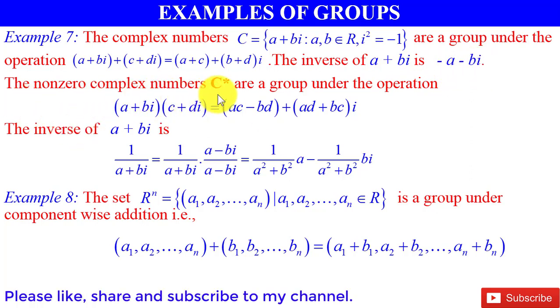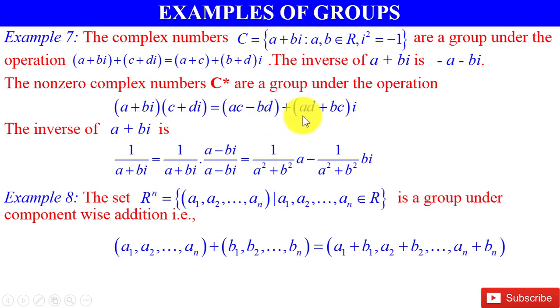The non-zero complex numbers C star are a group under the operation a plus bi into c plus di is equal to ac minus bd plus ad plus bc into i.